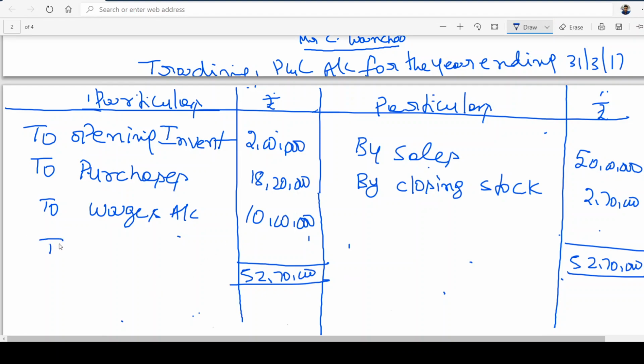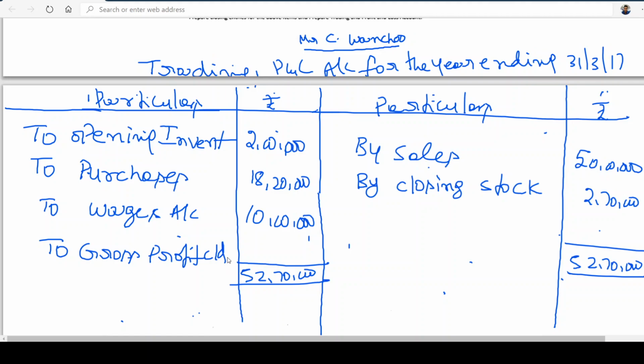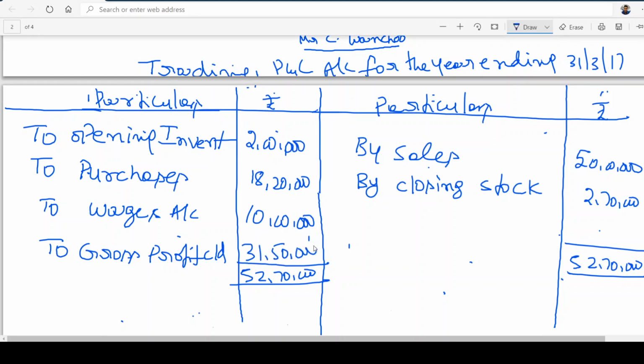Then you will be getting gross profit carried on. What is gross profit carried on? 52 lakhs 70,000 minus 2 lakhs minus 18 lakhs 20,000 minus 10 lakhs is equal to 31 lakhs 50,000.